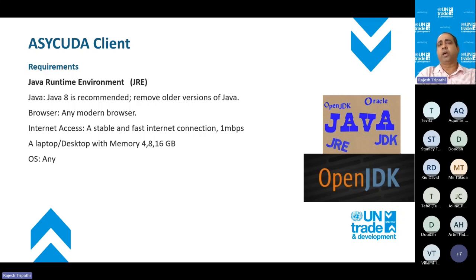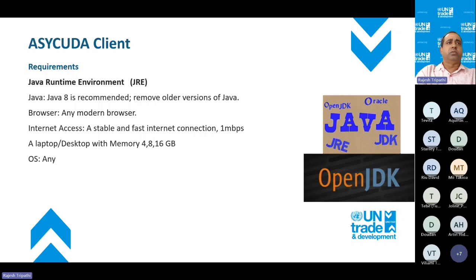Either you use OpenJDK or you can use Oracle JDK. It's up to the user's preferences. Generally, what we recommend is to have Java 8. If you are using an older version of Java, you should uninstall and use up to Java version 8.